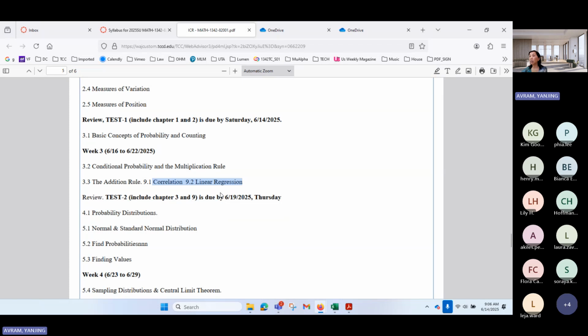If you calculate by the formula, one formula will probably take you at least 10 minutes, and there's no guarantee you will get it right. So for 9.1 and 9.2, I strongly recommend just using the calculator, and I will show you how to use it. For chapter 3, we only require 3.1, 2, and 3.